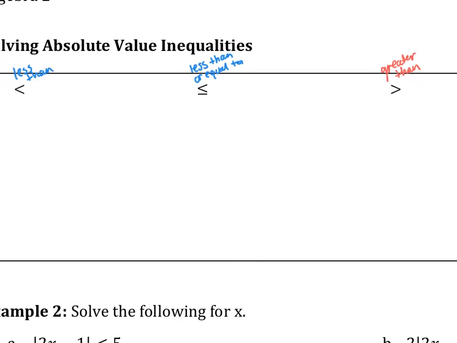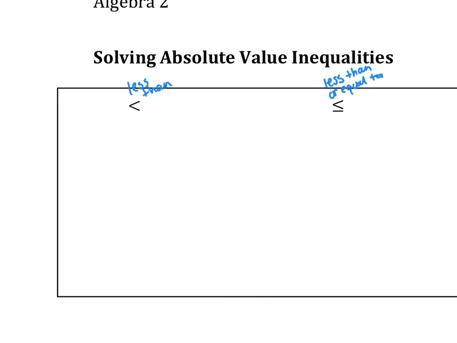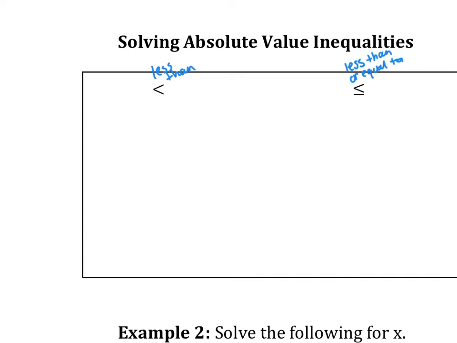And so when we have these inequalities with the absolute values, let's do an example. So if we had like the absolute value of x is less than 3.